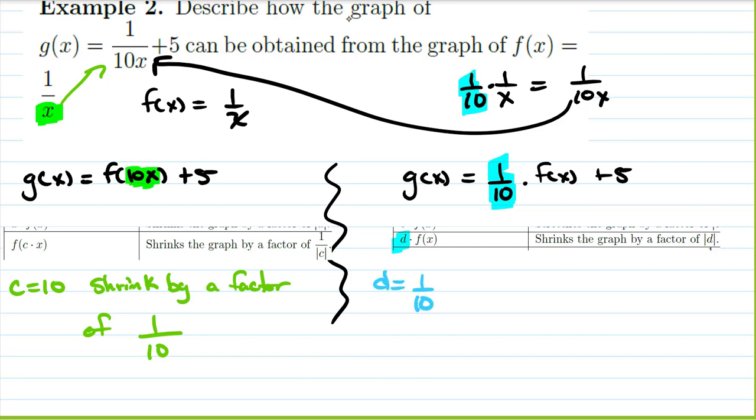So then what does this tell me happens? Well, it shrinks by a factor of 1/10.